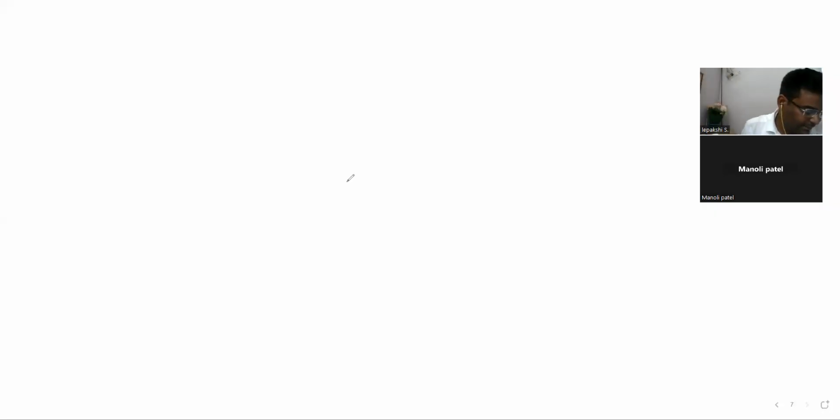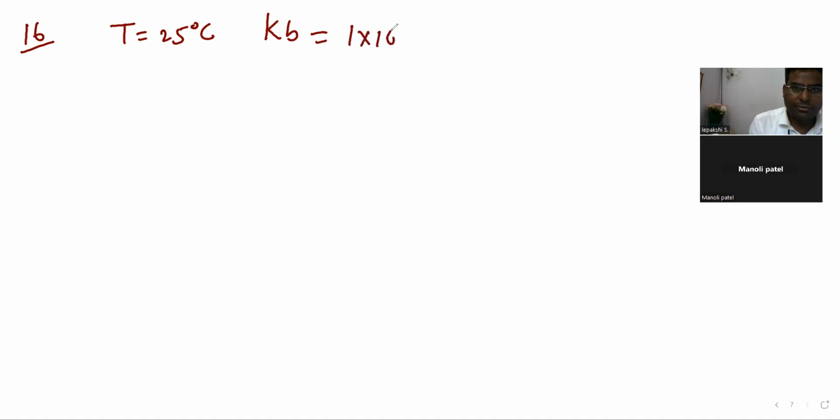Now look at the next question, that is 16. At 25 degrees Celsius, the dissociation constant of the base is given, 1 into 10 raised to minus 12. It is in the form of BOH.